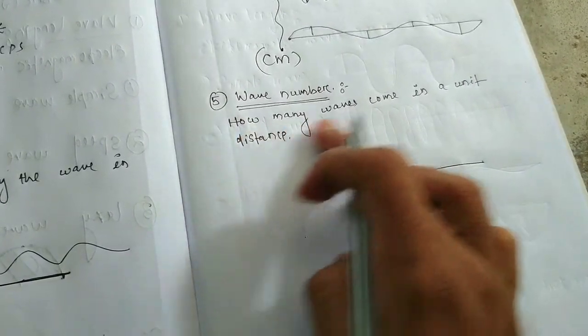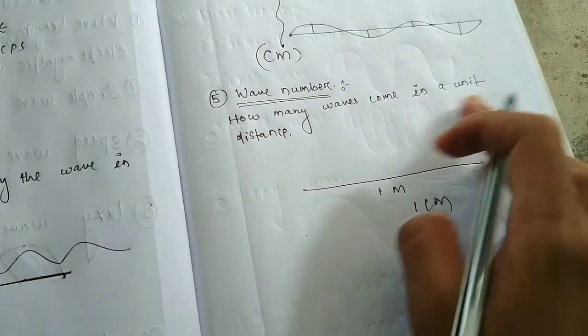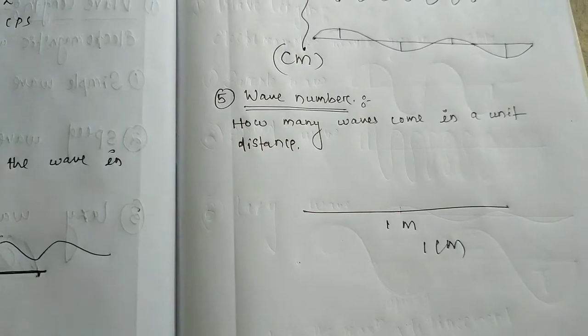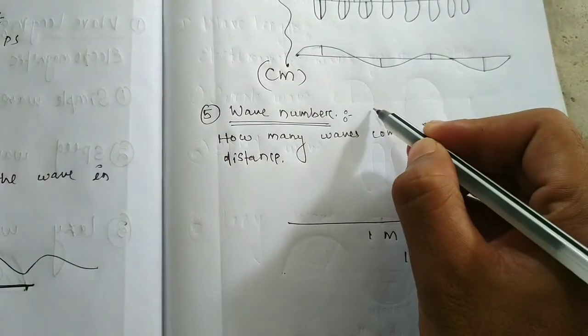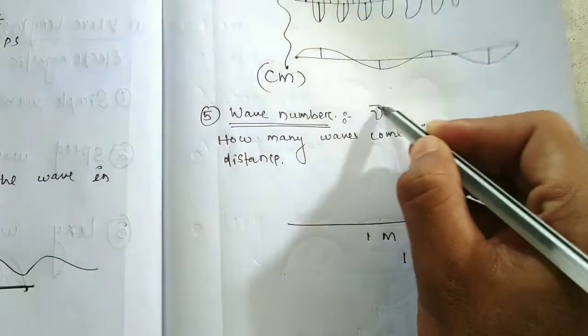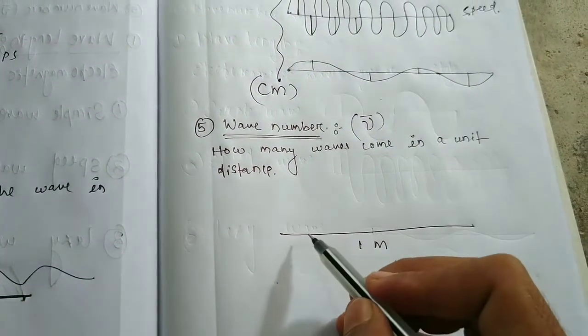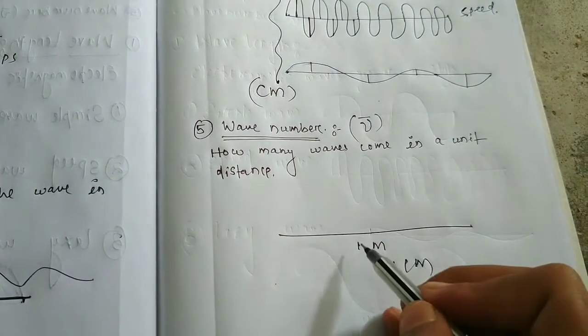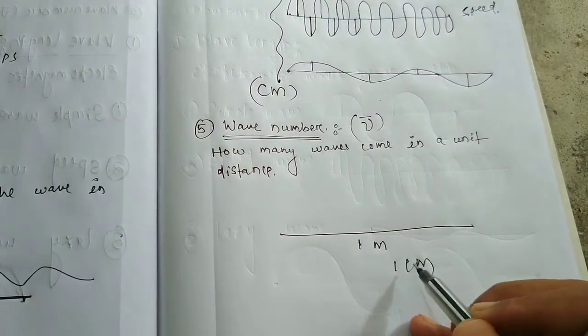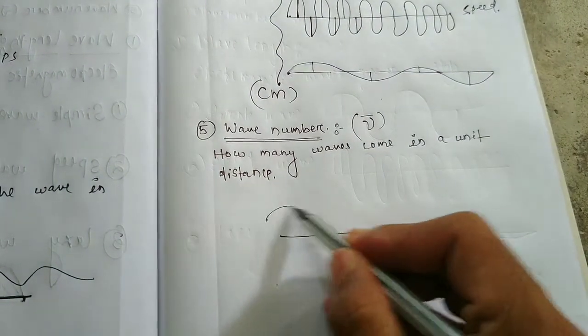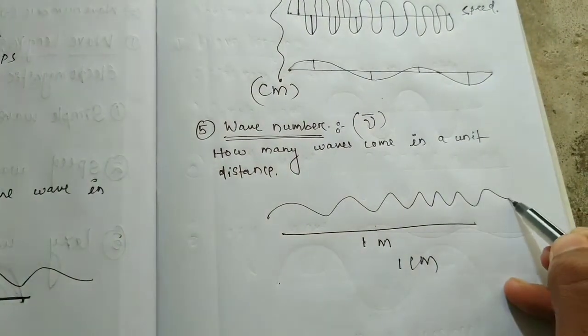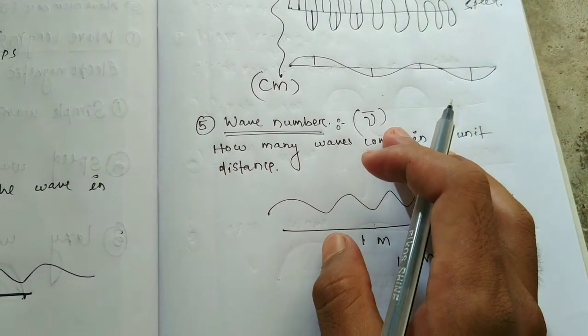So how many waves come in 1 unit distance? Wave number is represented by nu bar. In 1 unit distance, maybe 1 meter or 1 cm, how many waves pass through the unit distance? This is the wave number of electromagnetic radiation.